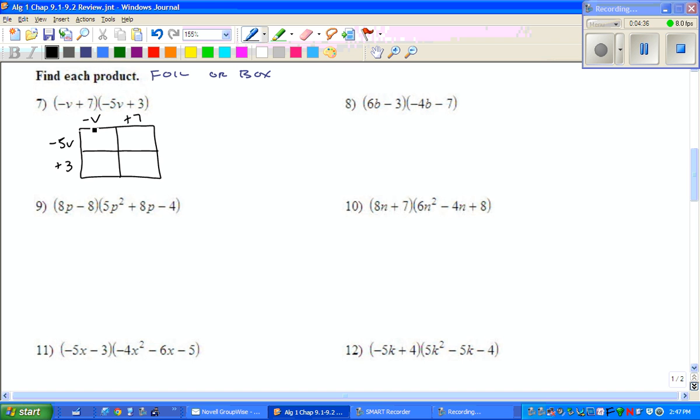So all you do is just multiply inside, so you get negative 5v squared minus 35v, that's negative 5 times 7. 3 times negative v is negative 3v, and 3 times 7 is positive 21. I'm going to combine my like terms, which are the two guys that are across from each other, and write my answer. Negative 5v squared minus 38v plus 21.